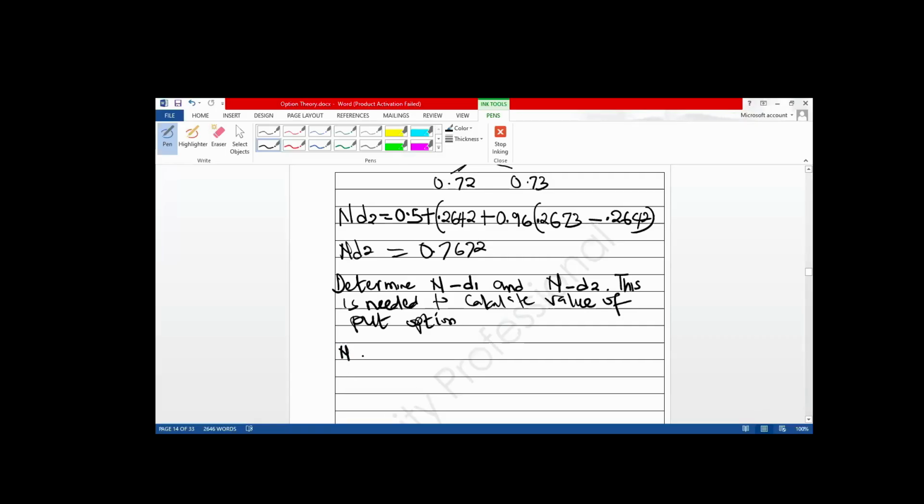And this is very simple. Your n minus d1 is equal to 1 minus nd1. That is 1 minus 0.7943, which is 0.2057. Your n minus d2 is equal to 1 minus nd2.